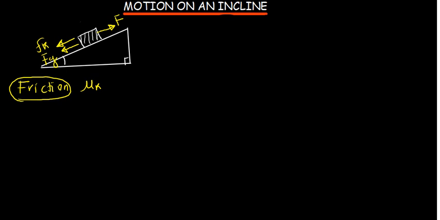So if you are finding the net force on this object in the x direction, it is going to be the applied force, the forward force pushing this thing in the direction of motion, minus any force going in the opposite direction. We have got F_k, kinetic friction in the opposite direction. We also have Fg. So they're all going to carry a negative sign.